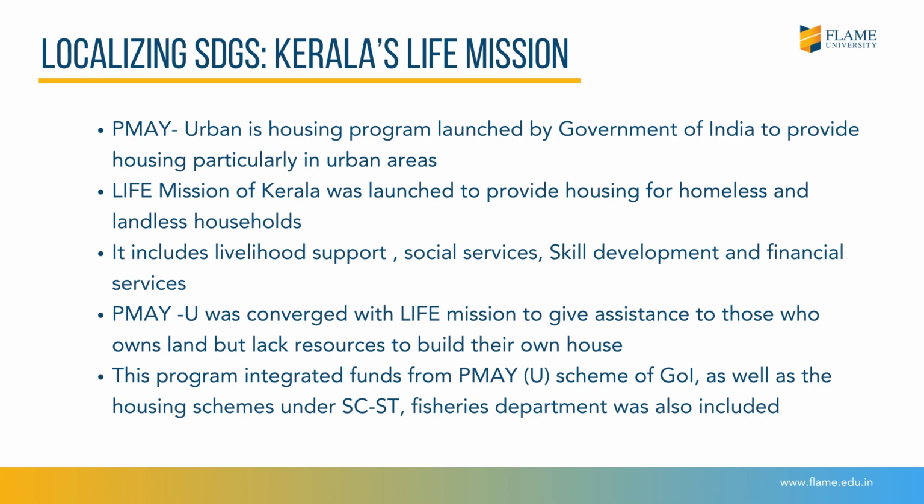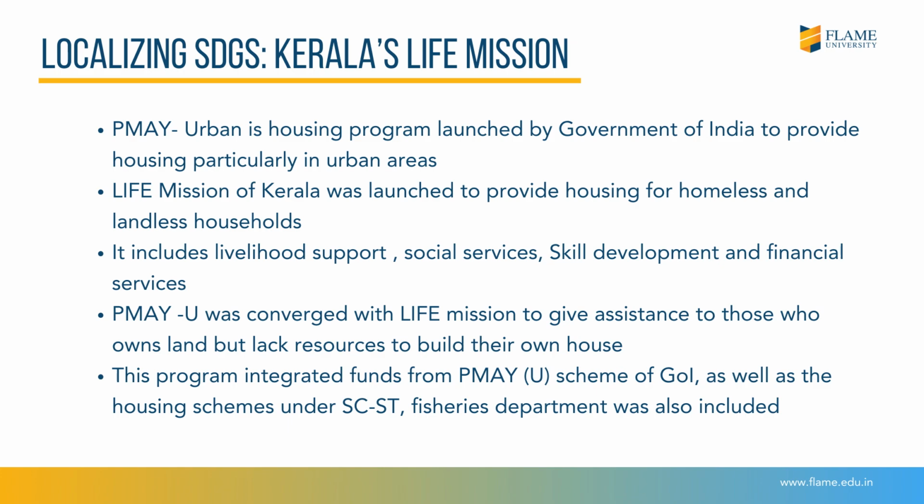Pradhan Mantri Awas Yojana is the urban housing program launched by the Government of India to provide housing, particularly in urban areas. Life Mission of Kerala was launched to provide housing for homeless and landless households. Life Mission also includes livelihood support, social services, skill development, and financial services.